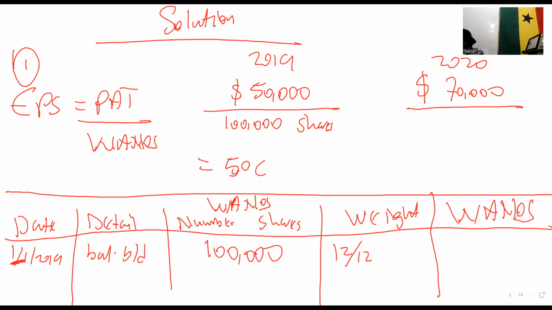To get a weighted average, multiply the number of shares by the weight. 12 over 12 simply means 1. Don't waste your time weighting shares that were there at the beginning of the year, because all the shares that were there at the beginning of the year travel to the end as well. So they will take the full number, 100,000 shares.